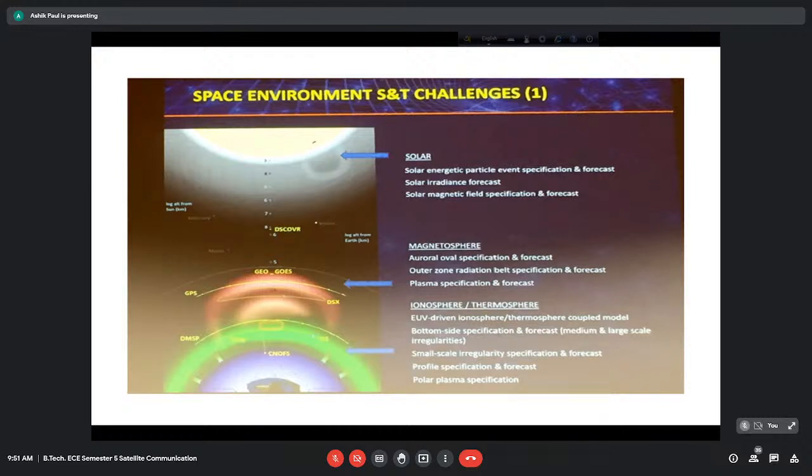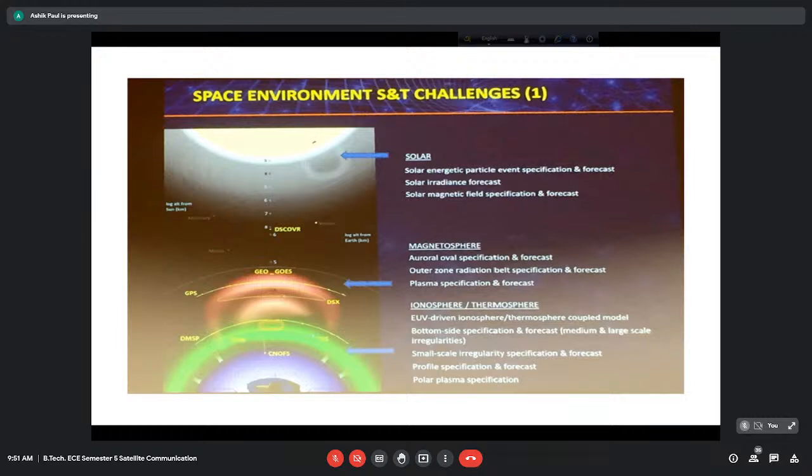There is one point known as the Lagrangian point, where we have put a satellite. In fact, the Indian Space Research Organization is planning a mission named Aditya, which will be placed about a few million kilometers from the surface of the Earth.